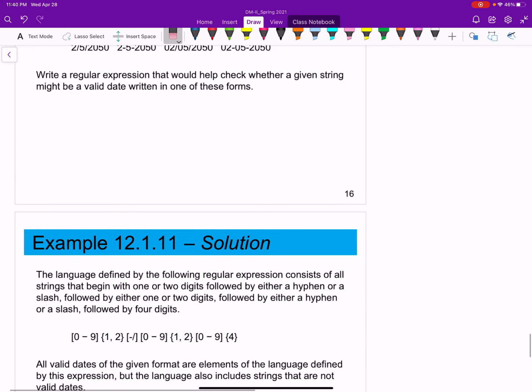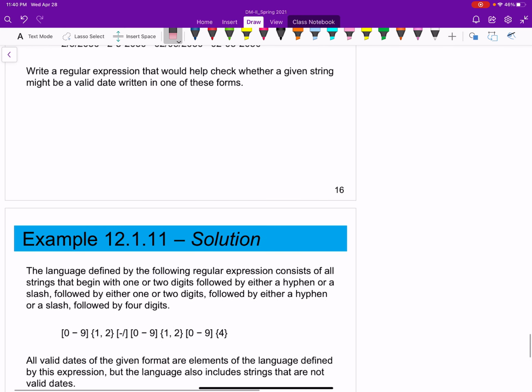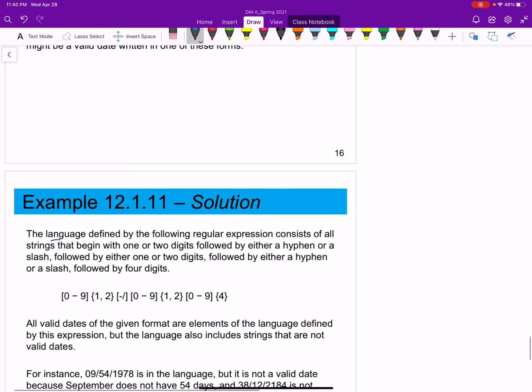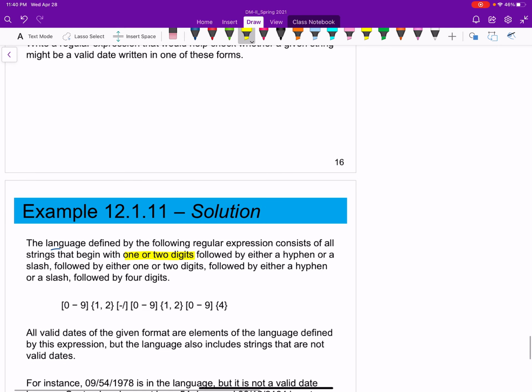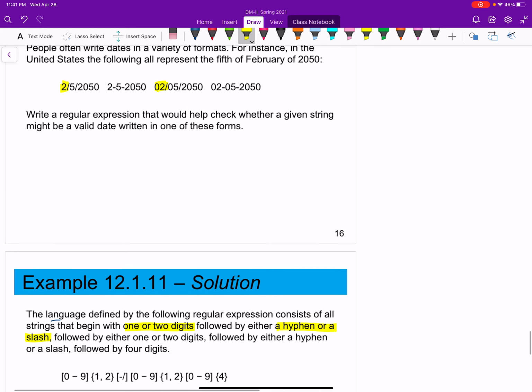All right, it is here. The language defined by the following regular expression consists of all strings that begin with one or two digits. It can begin with one or two digits. Here it's one digit, here it's two digits. Followed by either a hyphen or a slash.